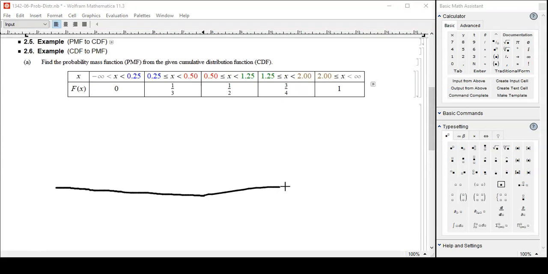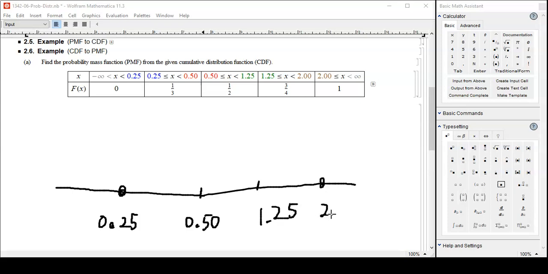So let's suppose we have this number line here, and then 0.25, and then 0.5, and then 1.25, and then 2.0. Because this is in horizontal tabular mode, it's a little easier to associate appropriately like this.